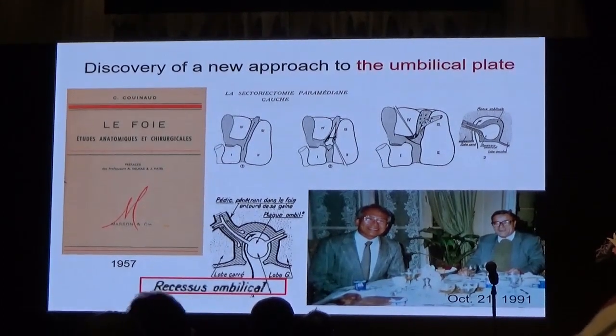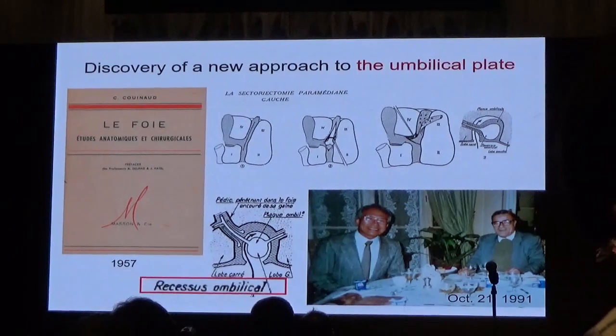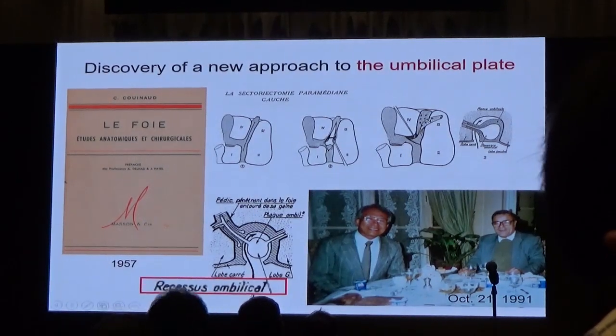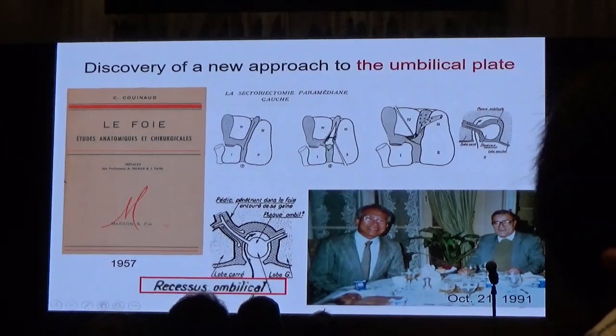I learned from this book and I found how to approach the umbilical fissure or umbilical plate. Here you see, he described how to approach the umbilical plate, behind the umbilical portion of the left portal vein.